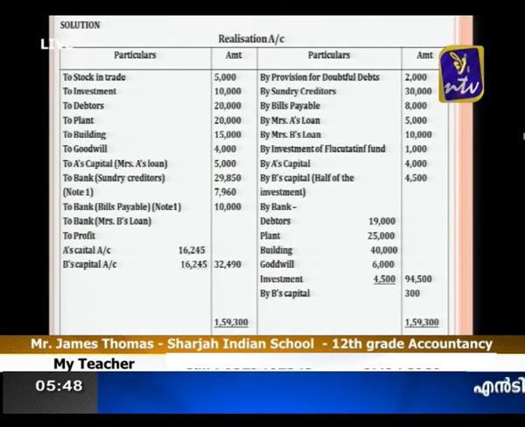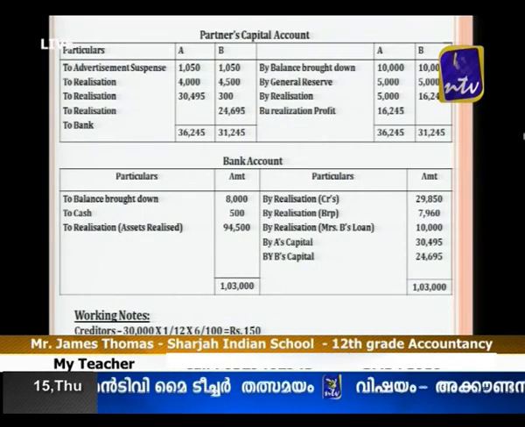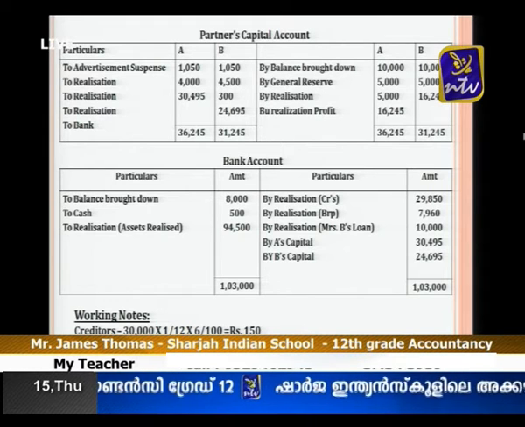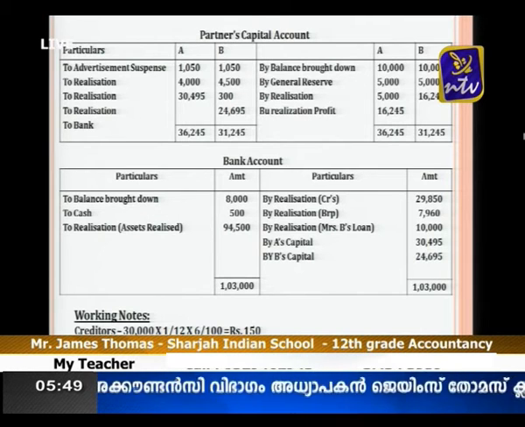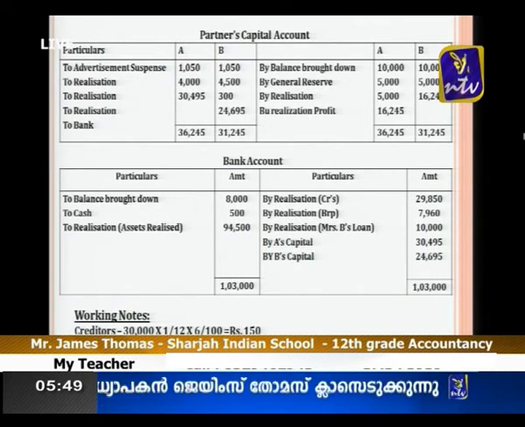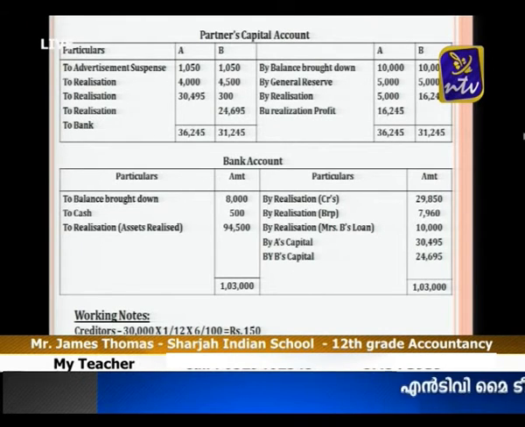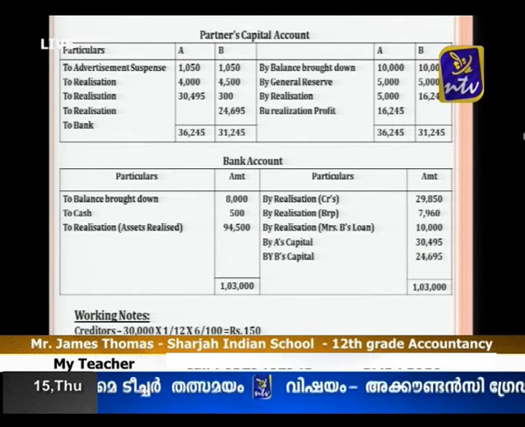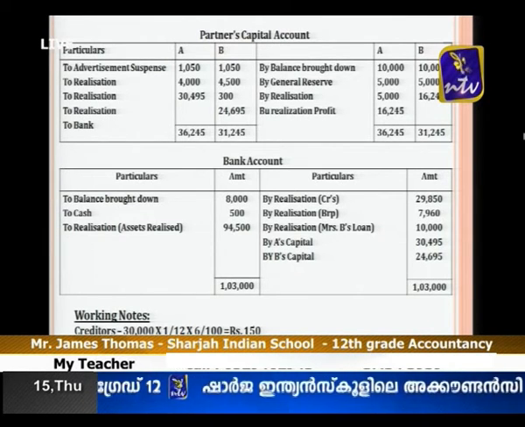Then look at the next part. What about the partners' capital account? We can see that all items of the balance sheet we are not transferring to the realization account, only some items. Now the partners' capital account, you can see the credit side. First we are transferring their opening balances, then all general reserve, and the next one, according to the journal entries: if the partner is taking any assets, that concerned partner's capital account we are debiting, and if the partner is paying any liabilities, the concerned partner's capital account we are crediting.